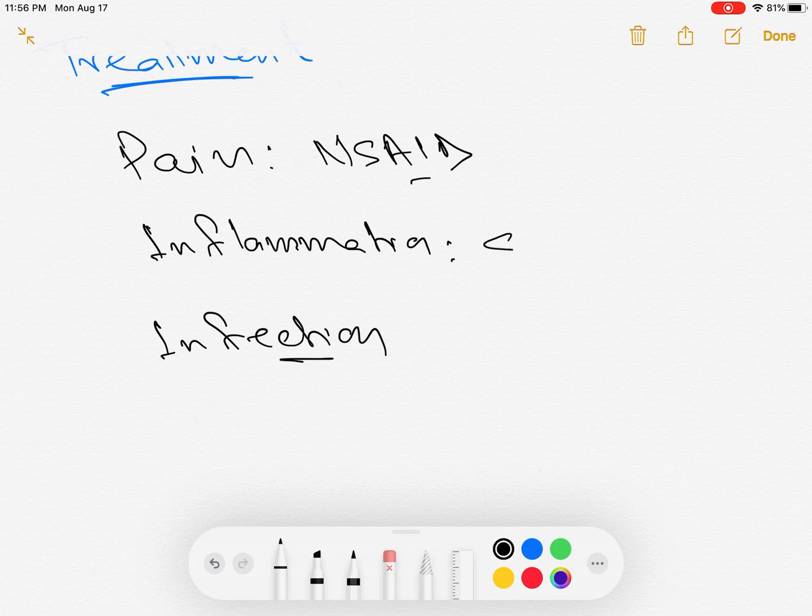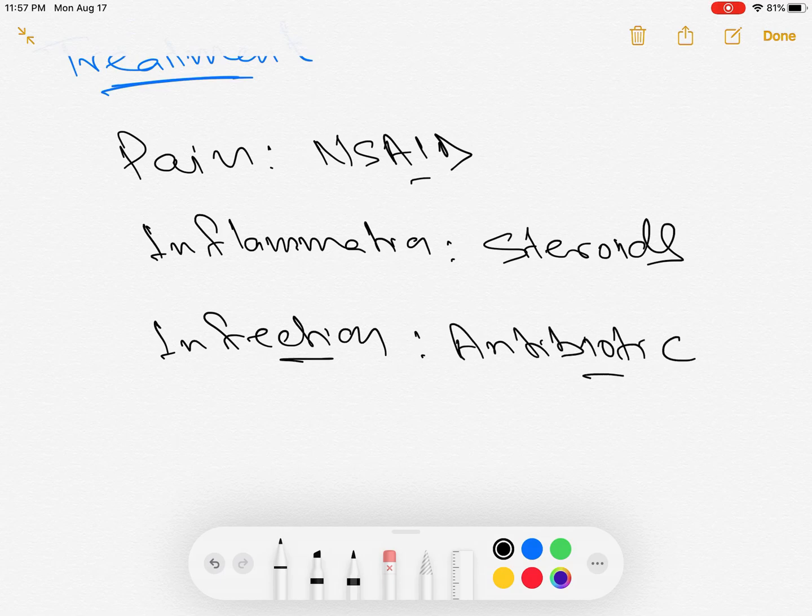Inflammation you will treat with a steroid, and infection you will treat with an antibiotic. You can use only an antibiotic to treat it. However, it's very important to use both steroid and antibiotic. I have seen that when you prescribe only an antibiotic, it doesn't help that much.